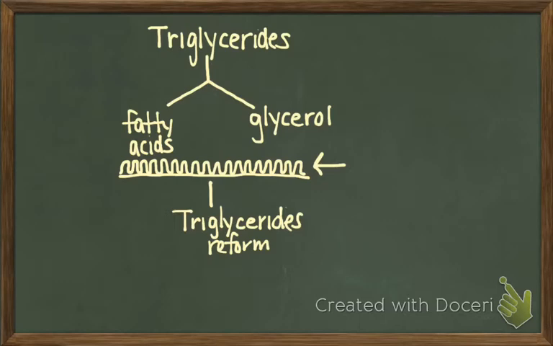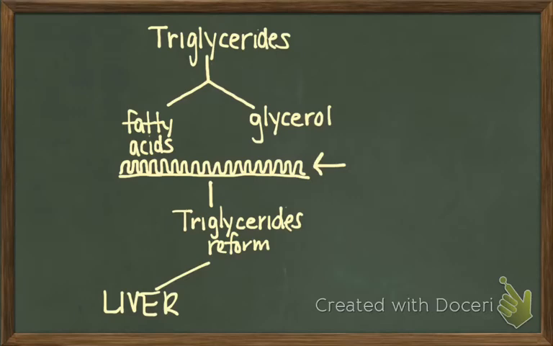So the triglycerides reform, and from there, the triglycerides are going to go either to the liver, being transported by the chylomicrons. They can make ATP, or they can synthesize lipoproteins or cholesterol, meaning they'll make more lipoproteins or they'll make cholesterol.